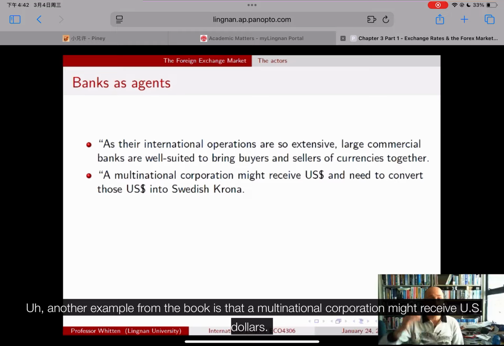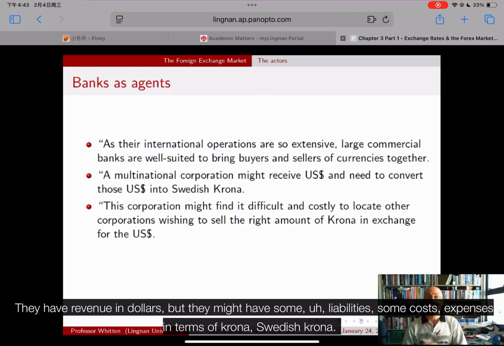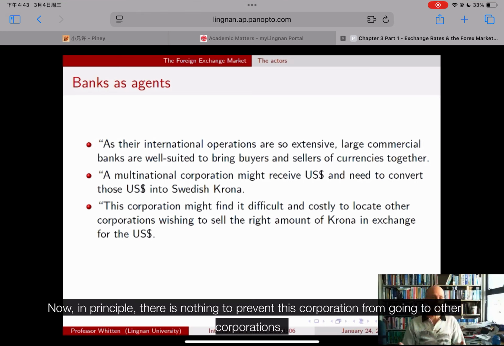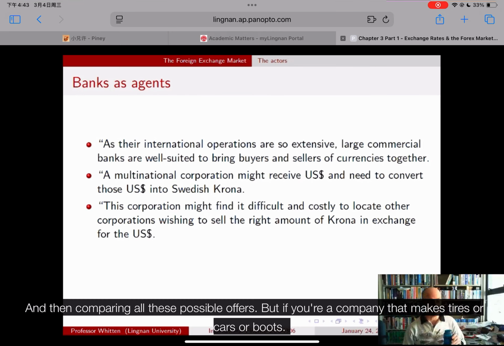Another example from the book is that a multinational corporation might receive US dollars, they have revenue in dollars, but they might have some liabilities, some costs, expenses in terms of krona, Swedish krona. Now, in principle, there is nothing to prevent this corporation from going to other corporations, asking them if they have krona and are willing to take krona in exchange for US dollars, and then comparing all these possible offers.